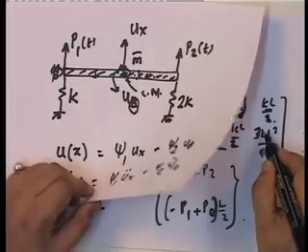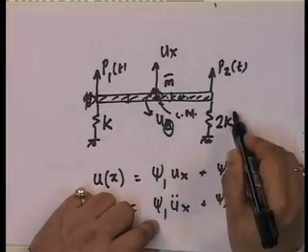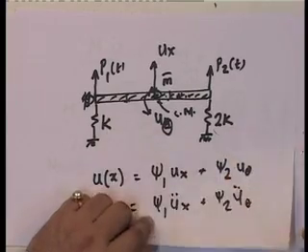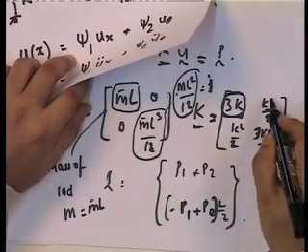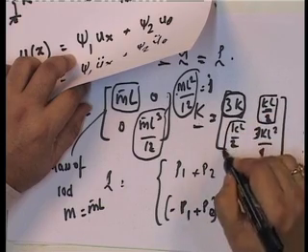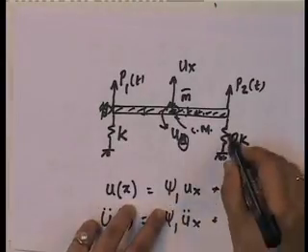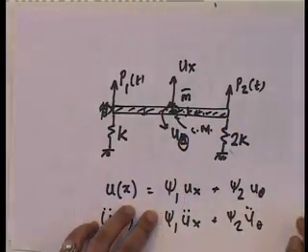That is what you get. And since this becomes 2k into L upon 2 plus k, this is like the rotational stiffness. So this is the coupling term, and this is the rotational stiffness due to these two about the center of mass.